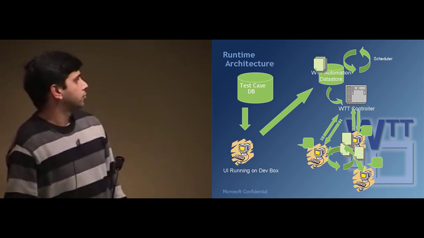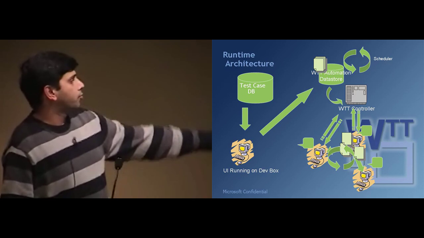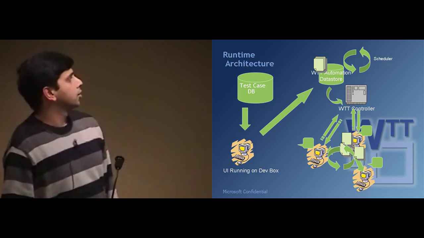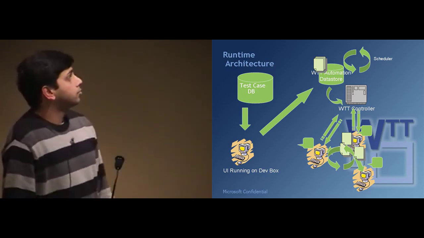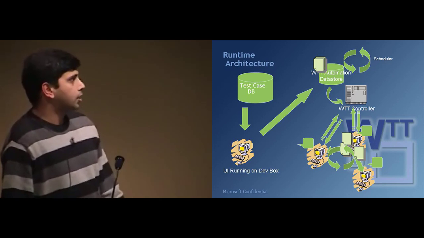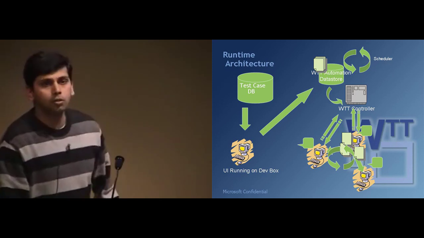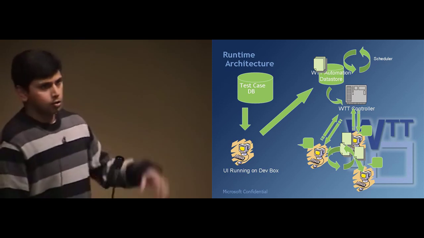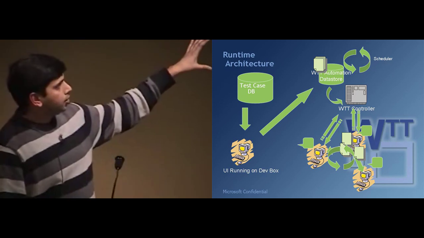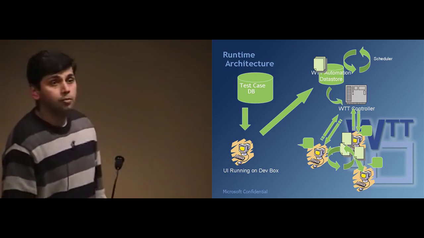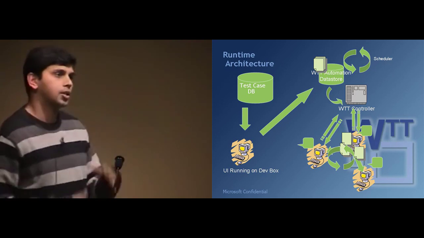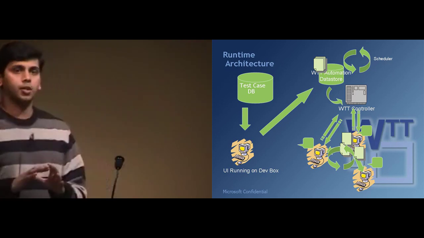So you decide from your dev box that okay, this is the test I want to run. Then you put that to a scheduler which is running on a WTT automation database. So this is the test case database, and this is the automation database. The automation database takes care of all the runtime environment.